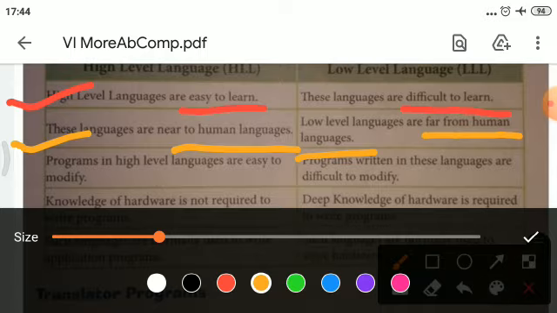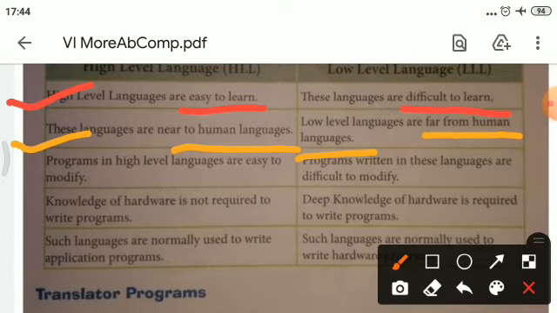And next, programs in high level language are easy to modify, but programs written in low level languages are difficult to modify.